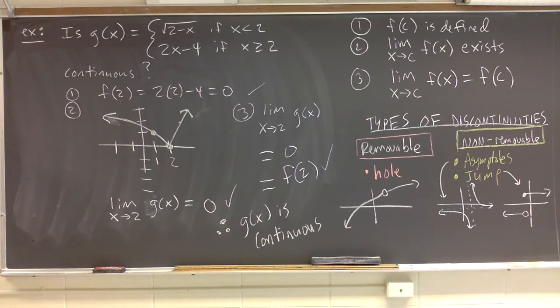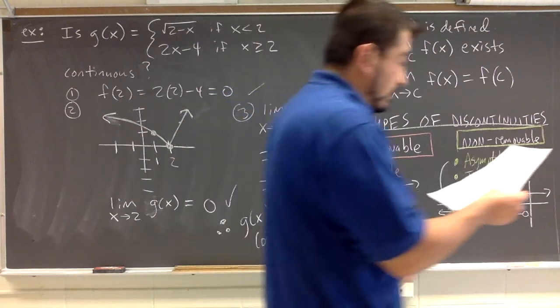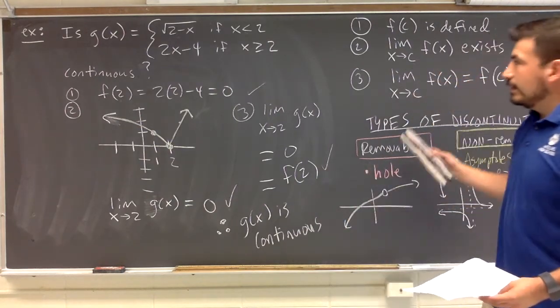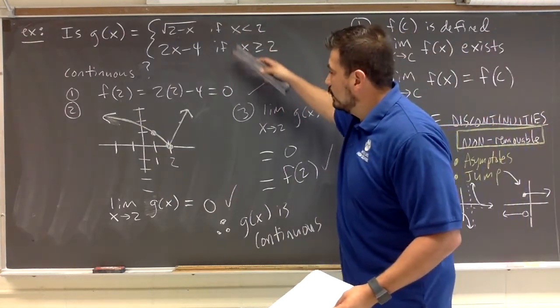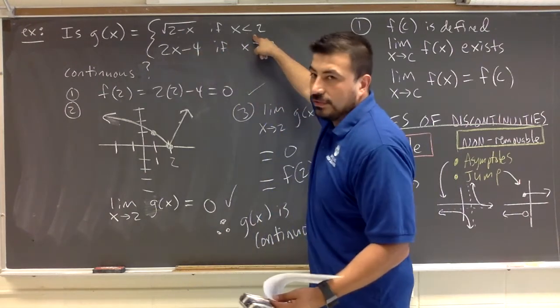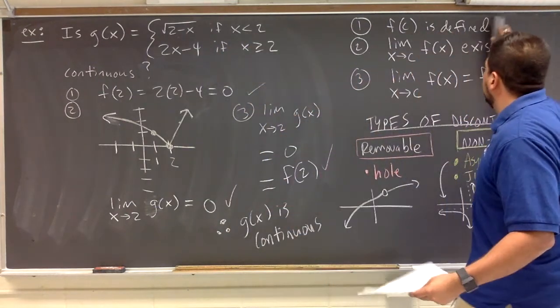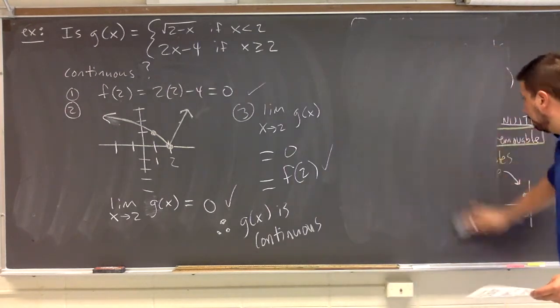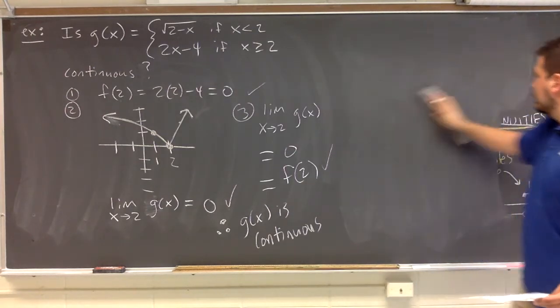Okay, so continuous intuitively, continuous by meeting the three conditions that we've established. Okay, so notice that these two end up producing 0 when x is 2. Okay, so that's kind of a good hint for this problem.